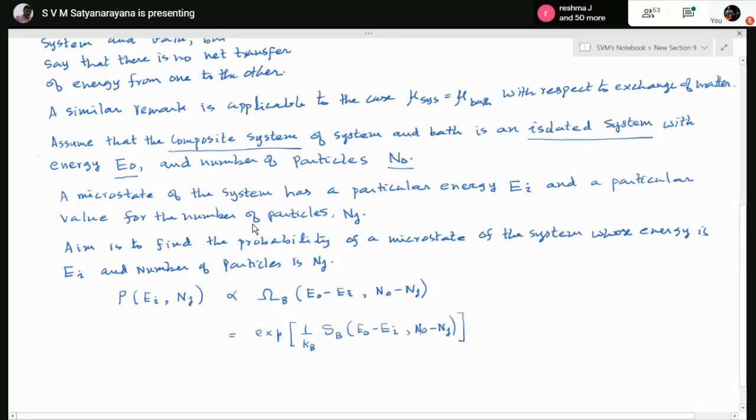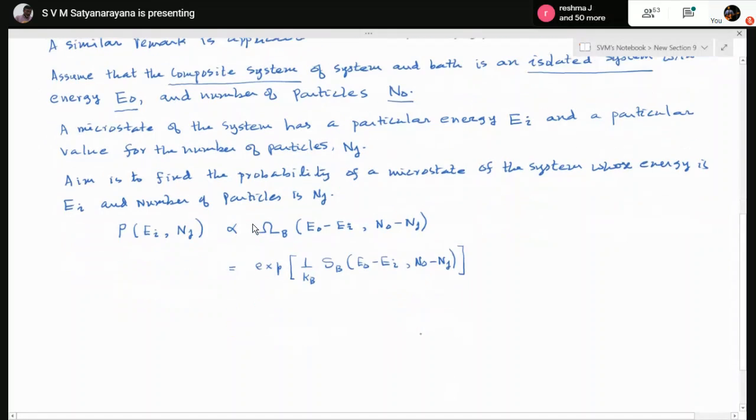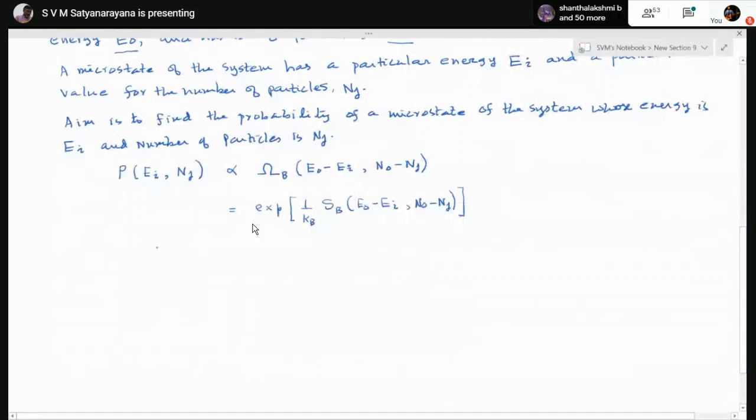So the bath is a large system, and since Ei is much smaller than E0 and Nj is also much smaller than N0, I can actually expand this in a Taylor series.